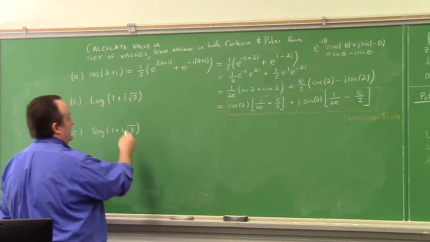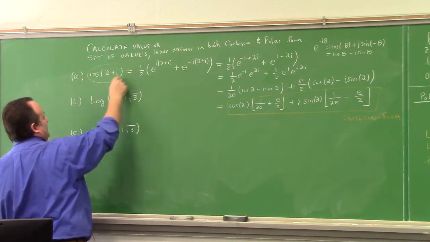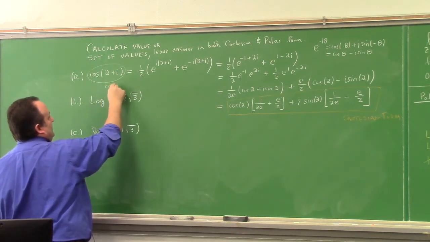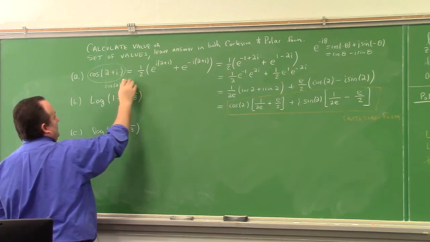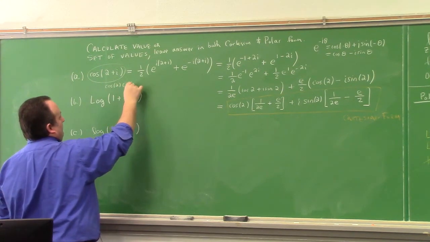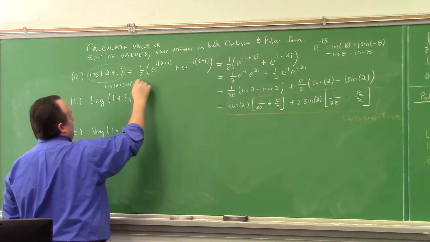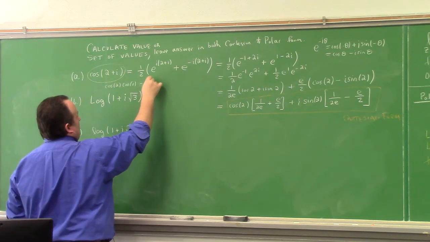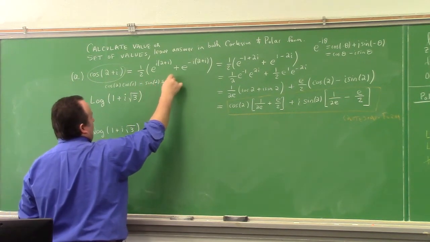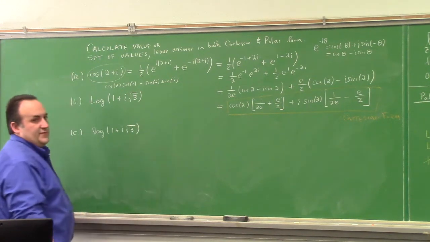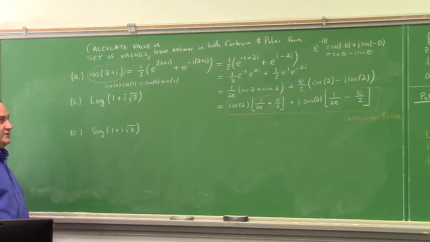The other way to go here would have been to do cosine 2, cosine i, minus sine 2, sine i. You could use the adding angles formula for cosine to calculate. That's still true for complex entries. Yes, I knew that's what you meant. I did this on purpose.